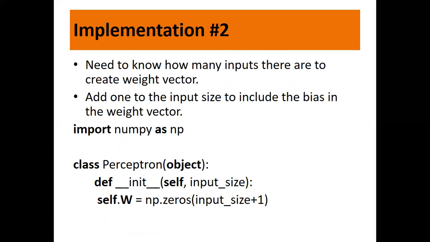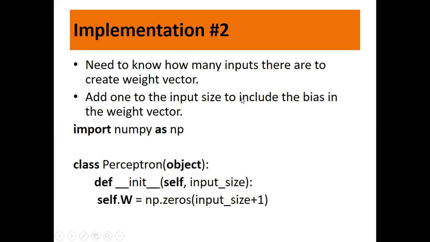Now here what we'll be doing is using an object-oriented approach. Before you start with the program, you need to know how many inputs there are. Why do you need to know the inputs? Because according to the number of inputs, you will be creating your weight vector. Why? Because for one input, there is one weight. X1 has W1 as weight, X2 has W2 as weight. So the number of inputs will decide the size of your weight vector.